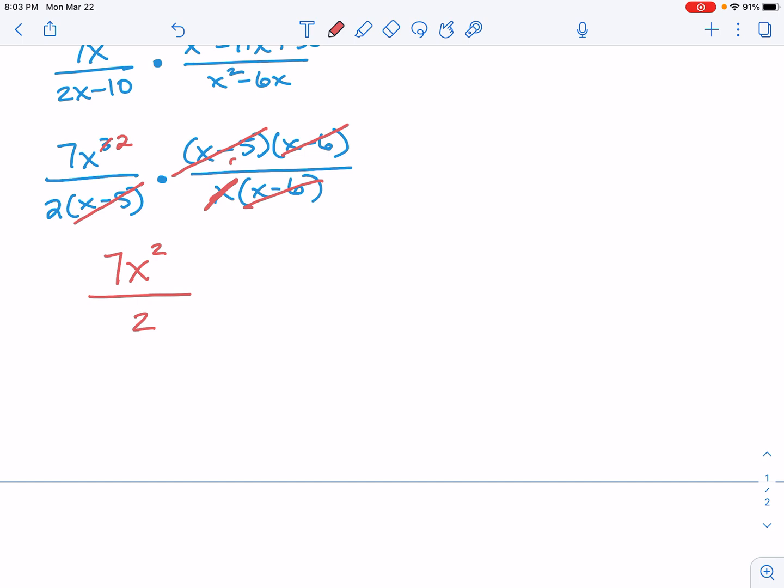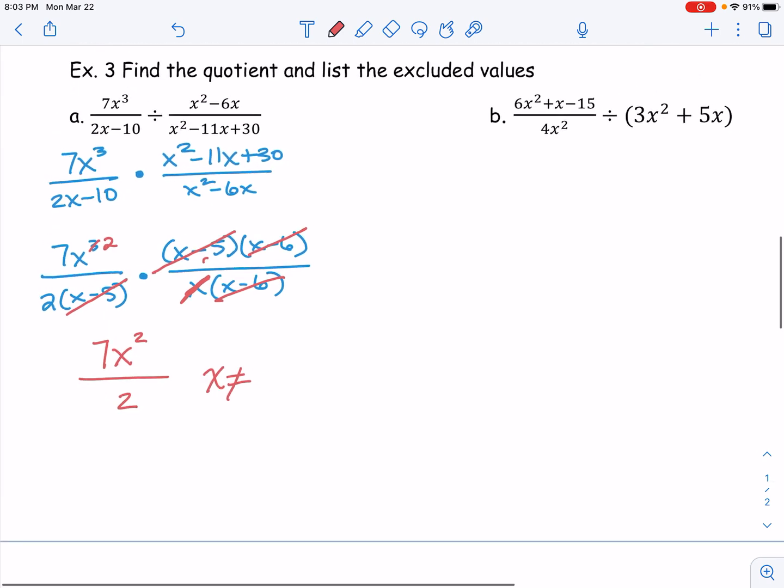So what I want to do now is write my excluded values. Again, we only have one variable. So what can x not equal? X cannot equal. So I'm going to the original function, the original problem. What was in the bottom of those problems? This was in the bottom, and this was in the bottom, right?